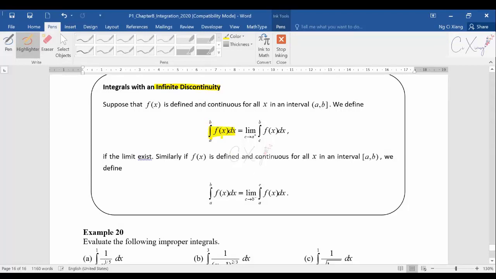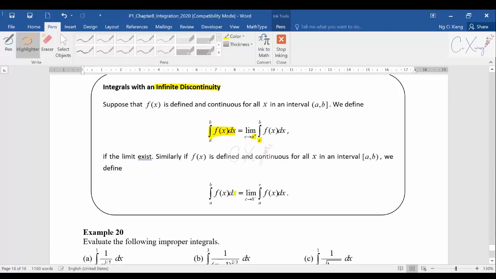But for this one, it is the case where you substitute the value a originally into the function and you get an undefined value. Therefore, they will substitute the a by using the letter c first. Then they put it as limit of c approaching a plus.